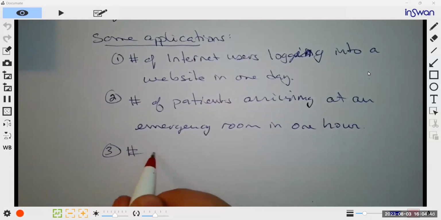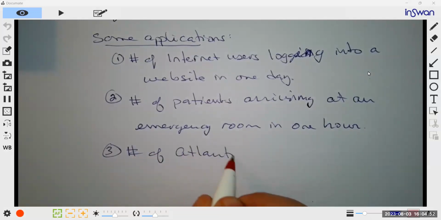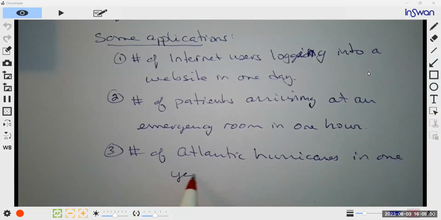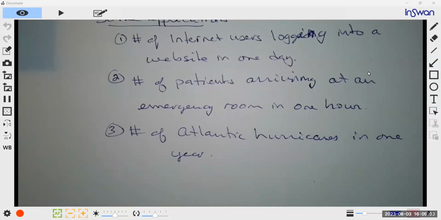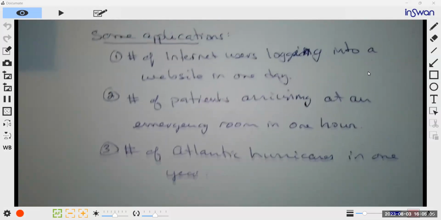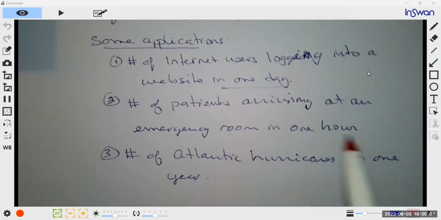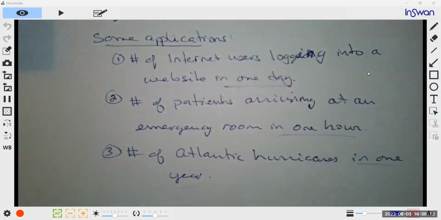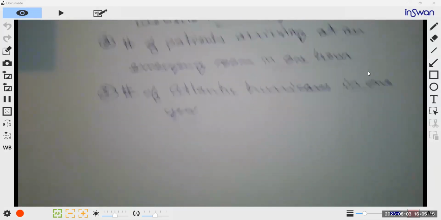Or the number of Atlantic hurricanes in 1 year. You notice it's in 1 day, in 1 hour, in 1 year. So it's a pattern we're looking for. It's usually with respect to time.